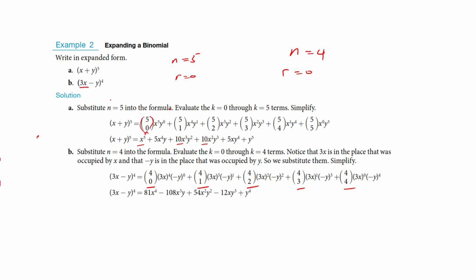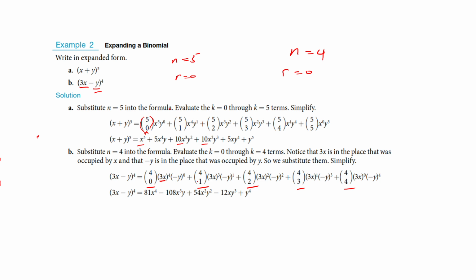The first term is not just x this time, it's 3x. So we're going to have 4 3x's, then 3 3x's, then 2, then 1, then 0. And while that's going up, our second term, which is now negative y, is going to have 0, then 1, then 2, then 3, and then 4.